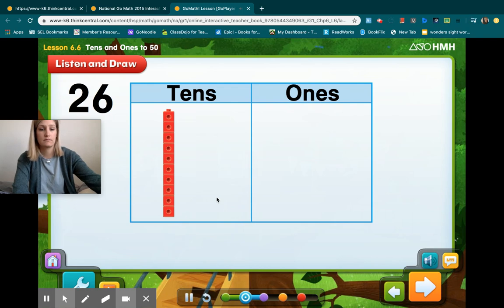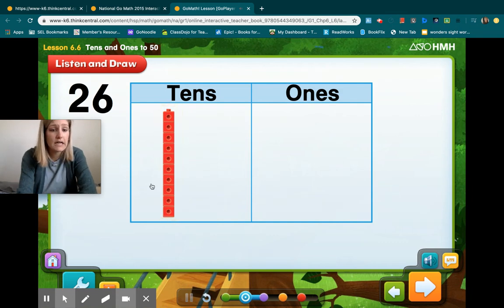Now click to add one more group of 10 connecting cubes to show 2 tens in all. So we're going to add another group of 10 because look, in 26, there are 2 groups of 10.